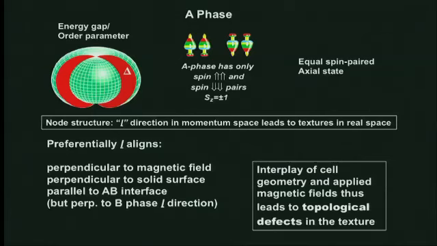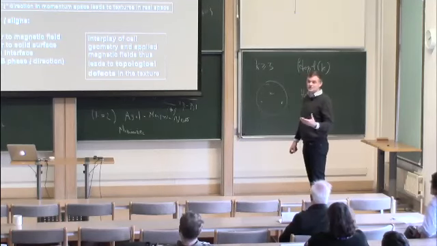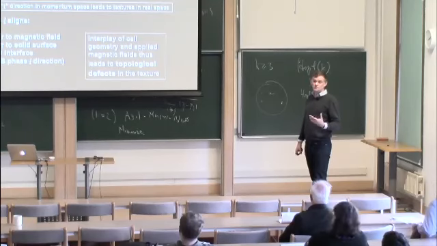It turns out that the A phase of helium-3 only has up-up spin pairs and down-down spin pairs, and the consequence of that is that you have nodes in the gap. You've got directions in momentum space where it costs no energy to break a Cooper pair, so they're full of quasiparticles.